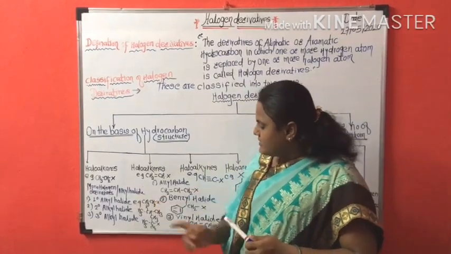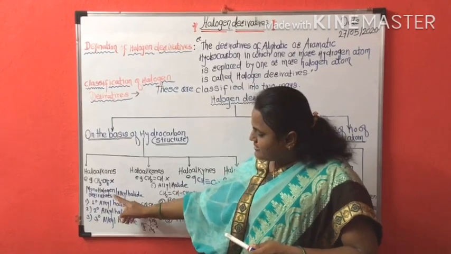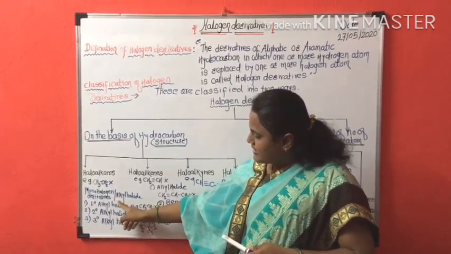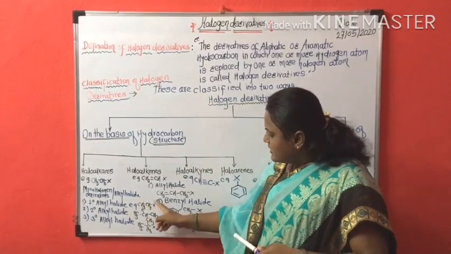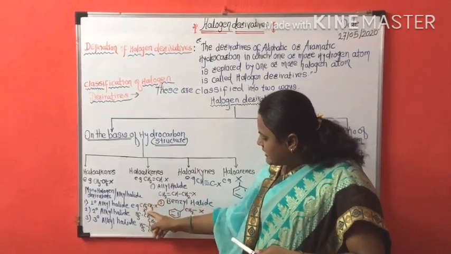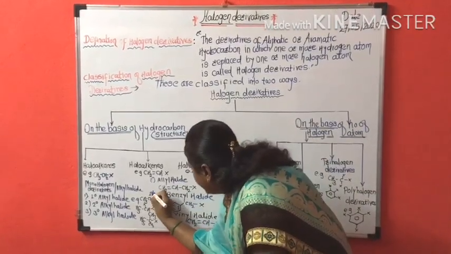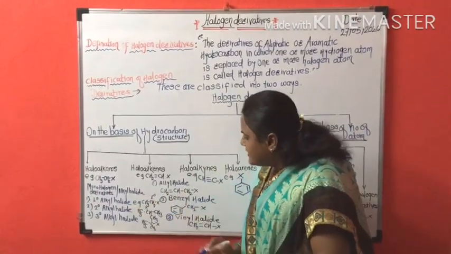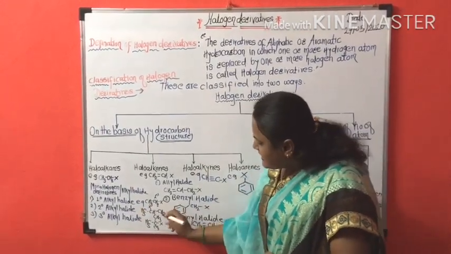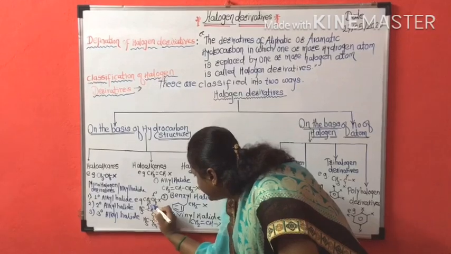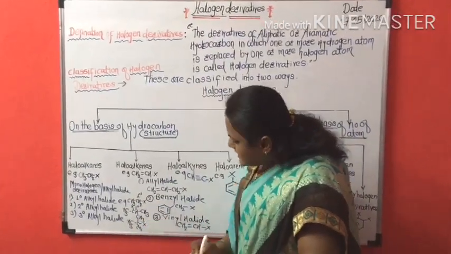In primary alkyl halide, the halogen atom is attached to the primary carbon atom. For example, CH3CH2X. In this example, ethyl halide, the halogen atom is attached to the primary carbon atom. Next, secondary alkyl halide. In secondary alkyl halide, the halogen atom is attached to the secondary carbon atom.